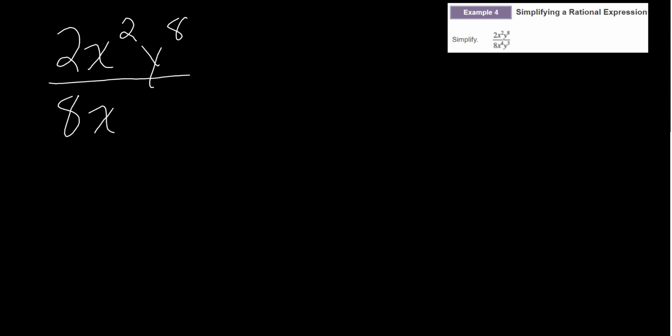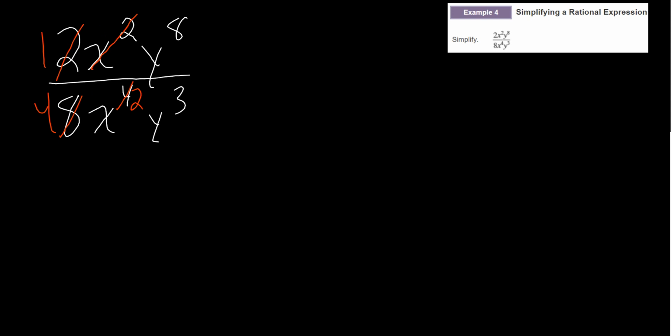So we've got 2x squared y to the 8th all over 8x to the 4th y cubed. Okay. Well, it looks like this 2 and this 8, right? The 2 turns to a 1, this 8 turns to a 4. It looks like I have an x squared over x to the 4th, so the x squared up here is gone, and this x to the 4th turns to x squared.